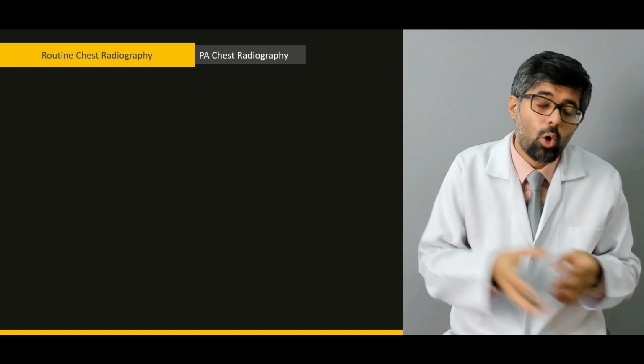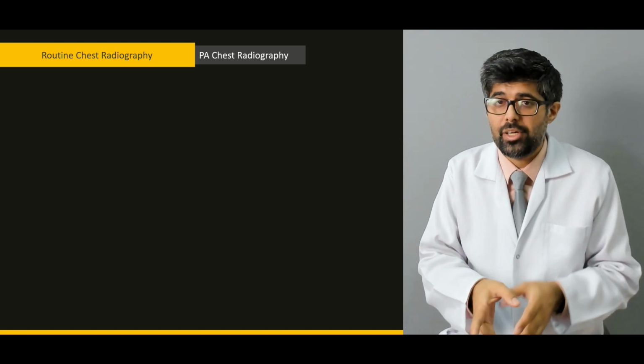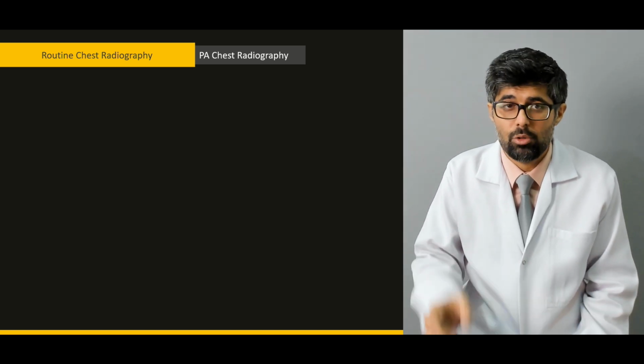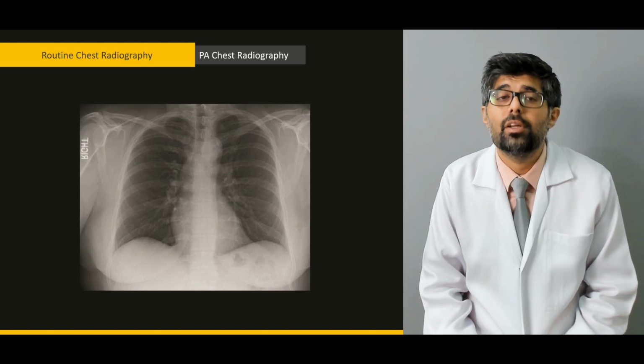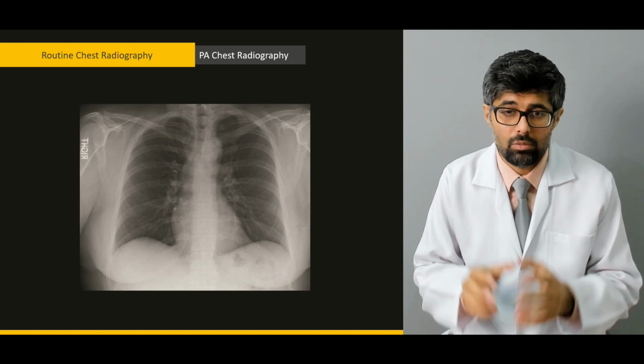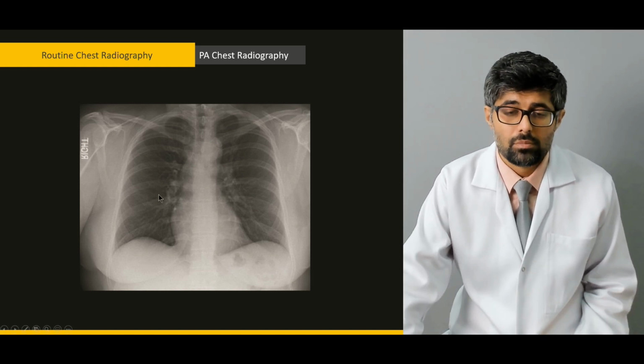Now, as a good doctor, one must know how a chest x-ray is done or if it's done correctly. Now, first of all, we'll tackle the PA chest radiography. Now, this is a very good example of a normal and correct radiogram.